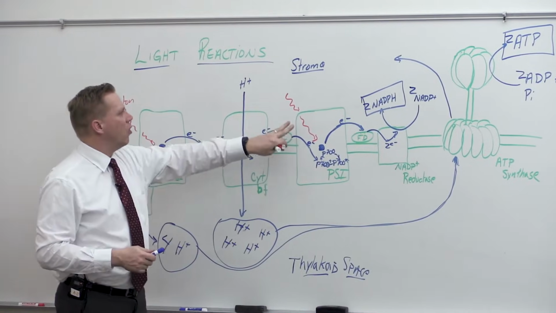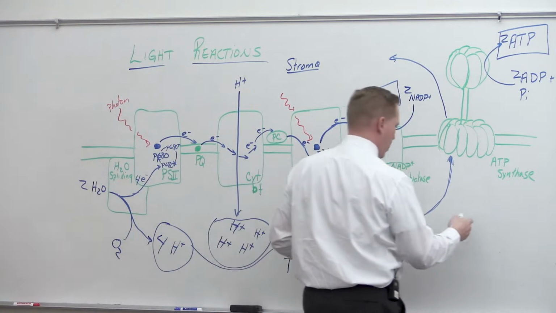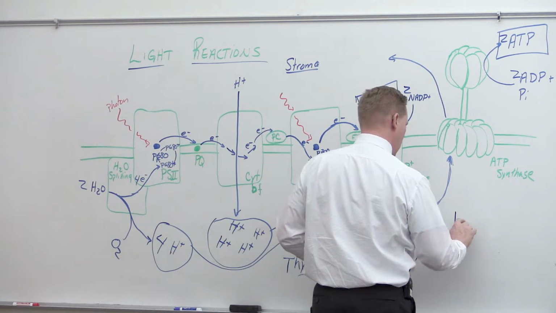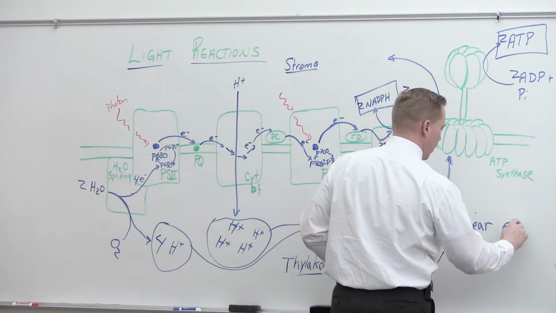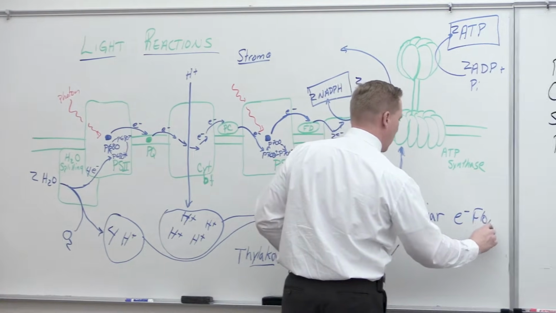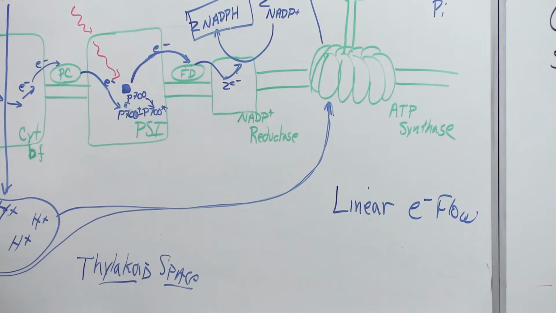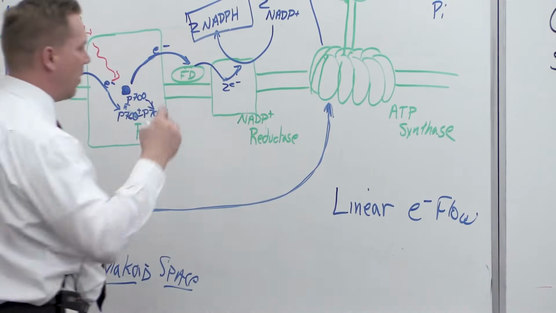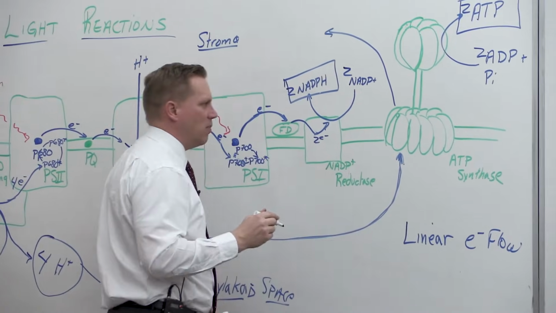And what we drew up here in blue ink was something called linear or non-cyclic electron flow. So non-cyclic electron flow is in blue ink. But here's what happens when the Calvin cycle starts to create this imbalance of NADPH and ATP.